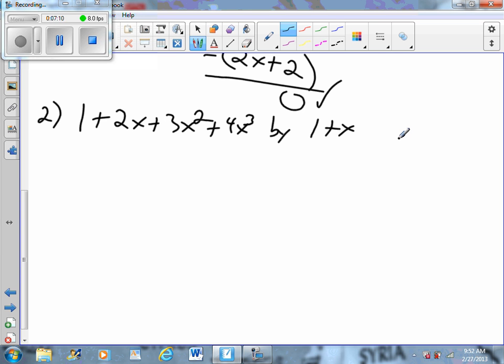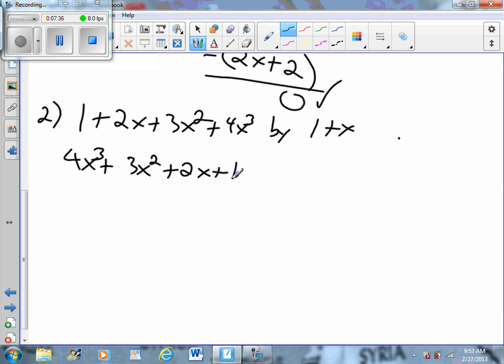I want you to get into the habit of always seeing the lead term of your dividend have the highest degree. Technically, what they did here is not wrong, but I want you to rearrange the order of the terms: the 4x cubed first, then the 3x squared, then the 2x, then the 1. Highest to lowest.